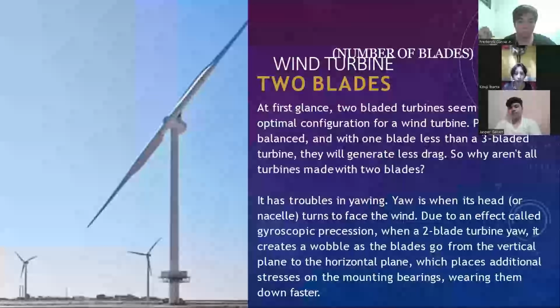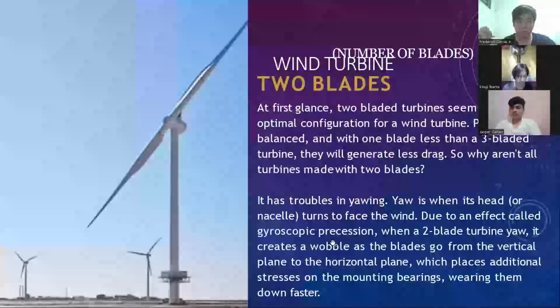Yaw is when its head turns to face the wind. Due to an effect called gyroscopic precession, when a two-blade turbine yaws, it creates a wobble as the blades go from the vertical plane to the horizontal plane, which places additional stresses on the mounting bearings, wearing them down faster.